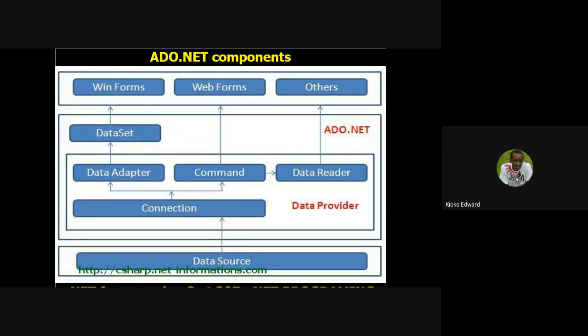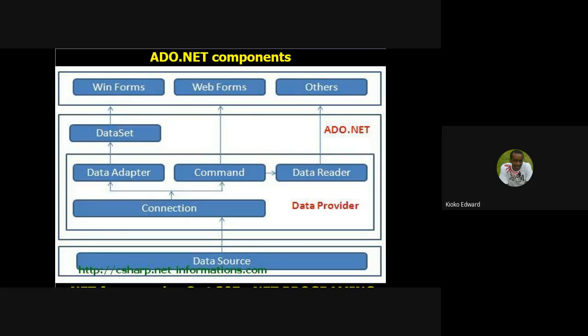The data reader, we said, allows us to read records in a forward mode, and it's read only. Once you are positioned at the first record, you can only move to the next record, and we cannot move to the previous record. That's the work of the data reader. Then we have the command.